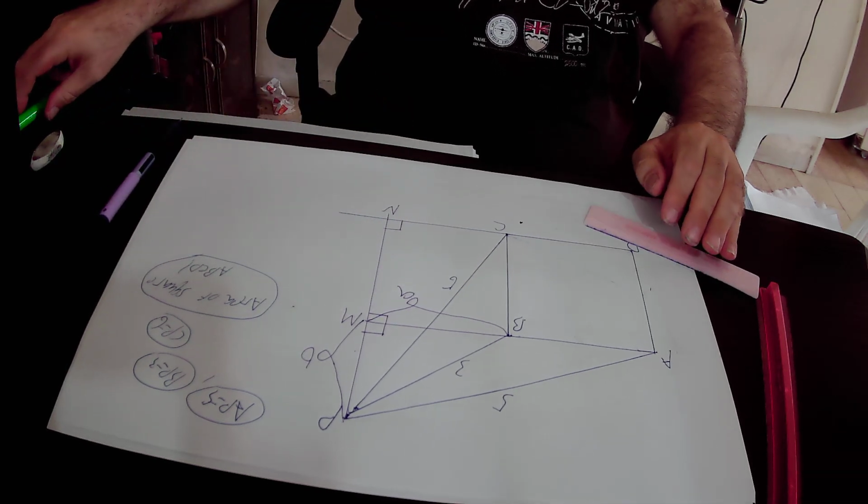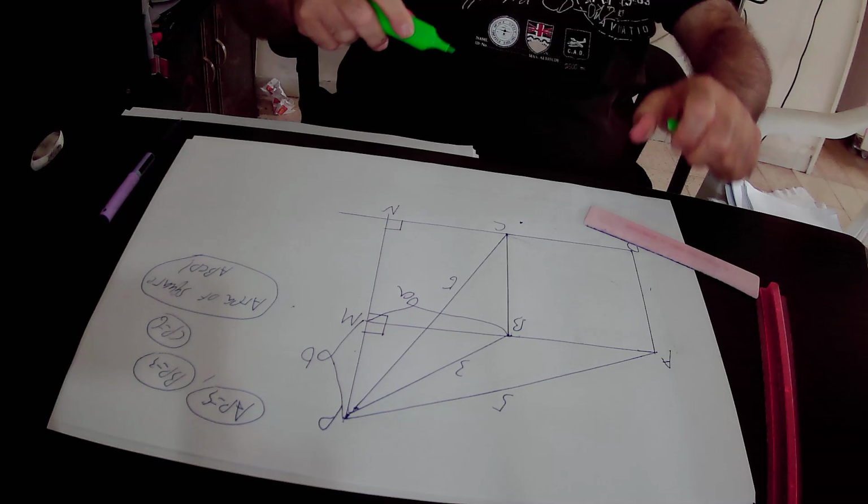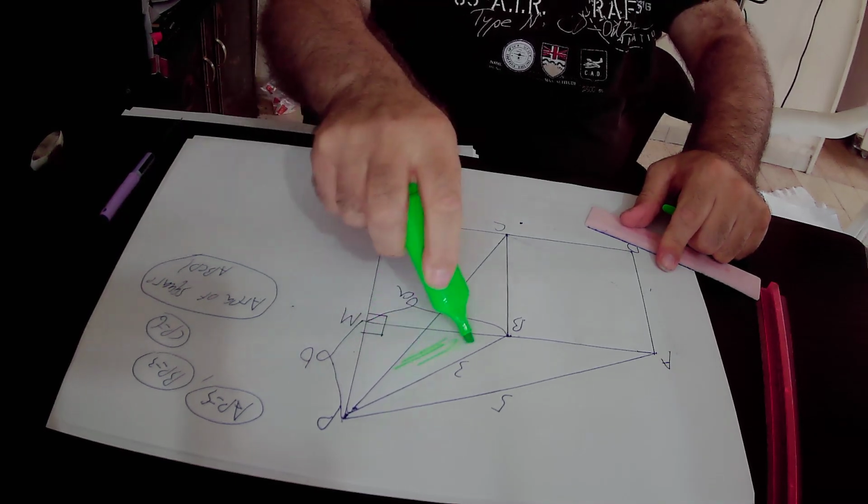In the next step we will implement the Pythagoras theorem on the right green triangle, triangle PBM.